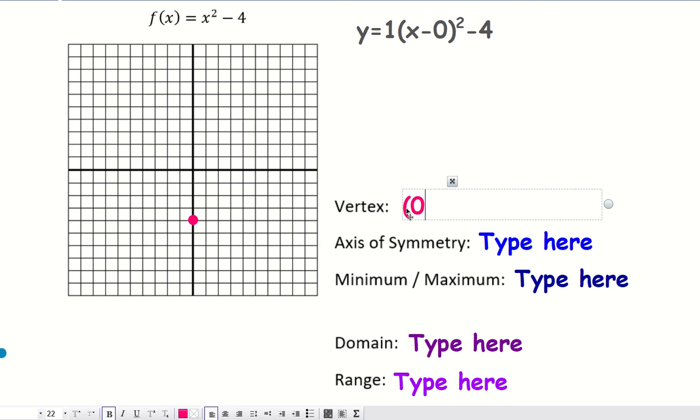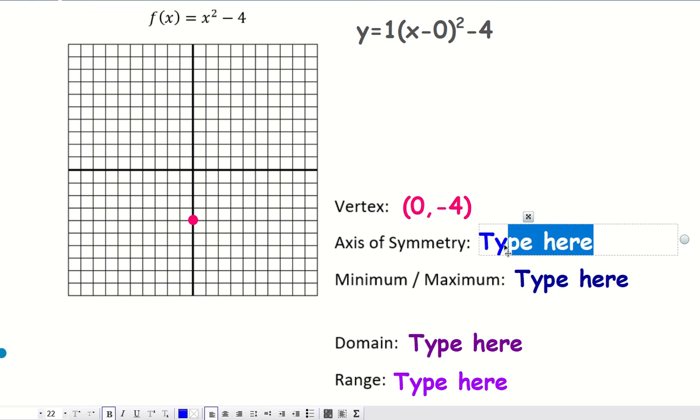It's (0, -4). And once again, if you know your vertex, you automatically know that your axis of symmetry is x equals whatever that x coordinate is.